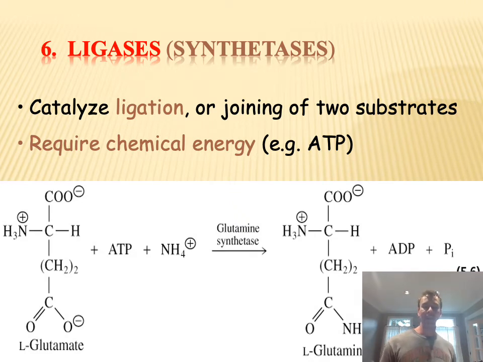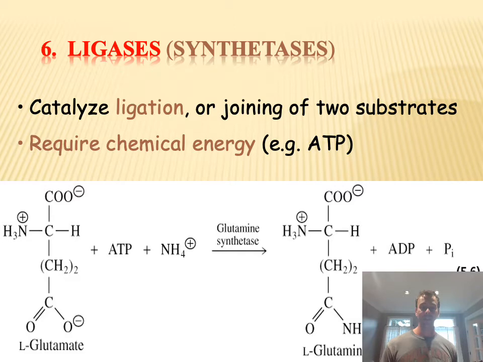The sixth one is ligases, otherwise known as synthetases. It catalyzes the ligation or joining of two substrates, but it requires a chemical energy like ATP. So an example here would be glutamine synthetase.